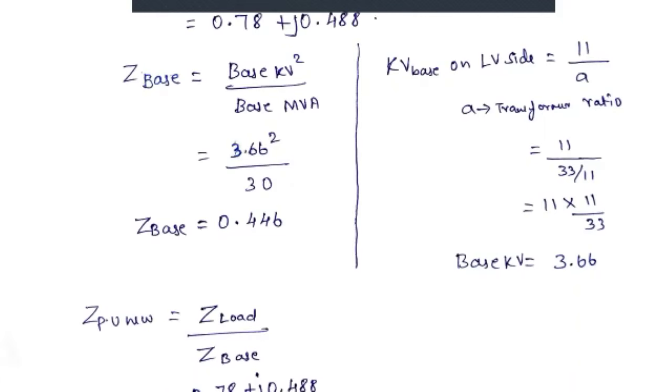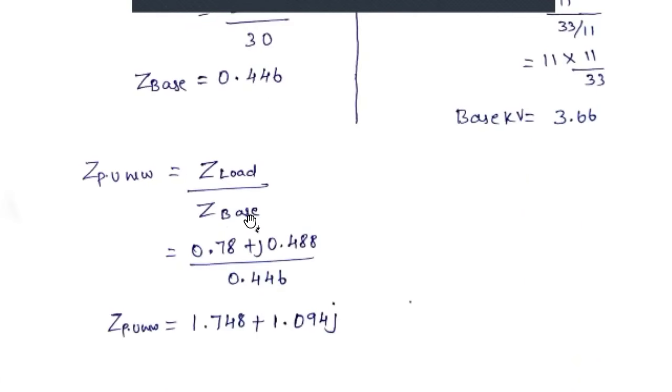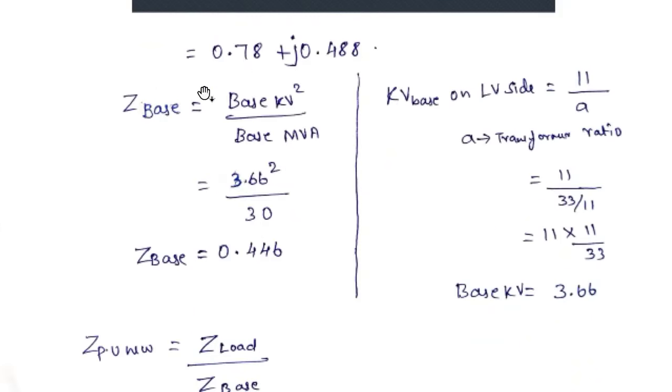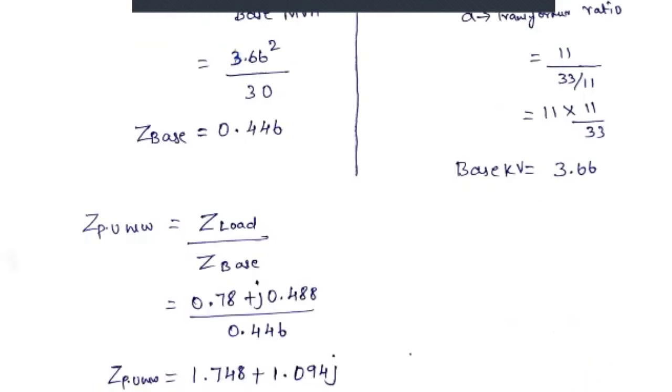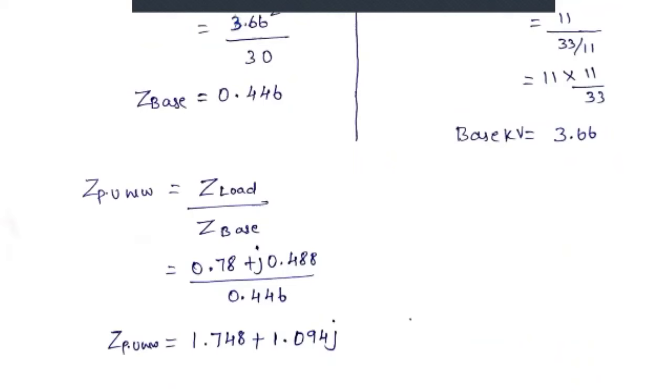Now Z per unit is equal to Z load divided by Z base. The load value we already calculated, 0.78 plus j into 0.48, divided by Z base value 0.466. When you simplify this, you will get 1.748 plus 1.094 j. Just tell in the comment whether you got the same answer or not.